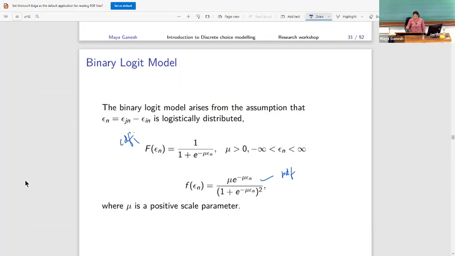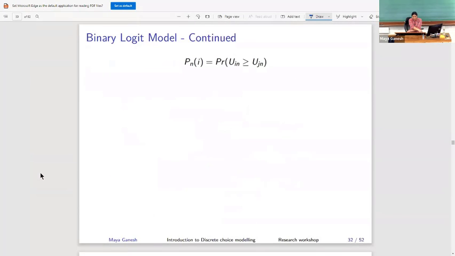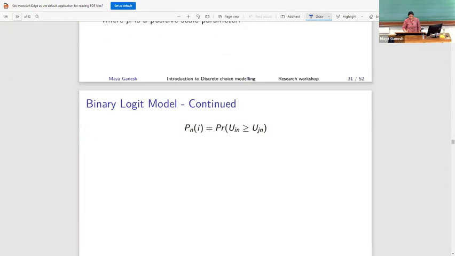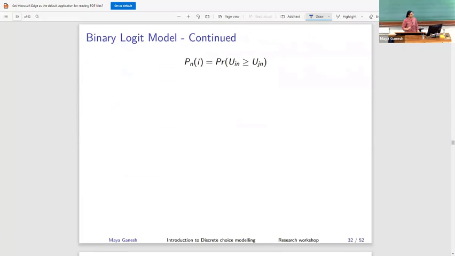Now if I use the CDF of the logistic distribution, I will get Pn of i as e to the power mu Vin over the sum, in terms of V and E. This gives me the binary logit model.